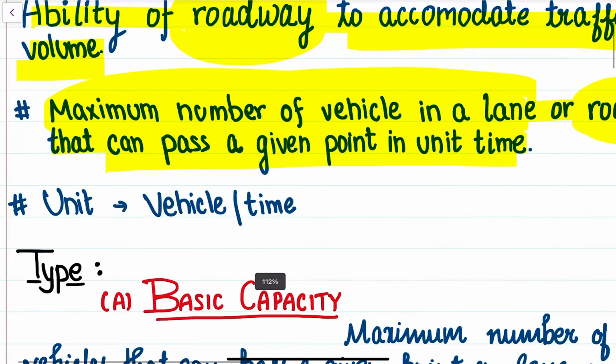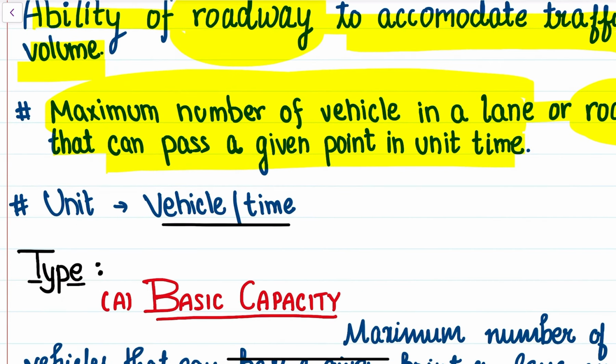Now the unit is the same as traffic volume, that is vehicles per unit time. The unit of traffic capacity is the same as traffic volume, that is vehicles per unit time. Why? Because it is also assessing the number of vehicles that can pass through the study section in the unit time. It can be 1 hour, 1 day, 1 week, or 1 year, represented as vehicles per hour.